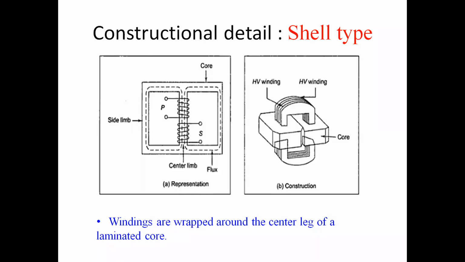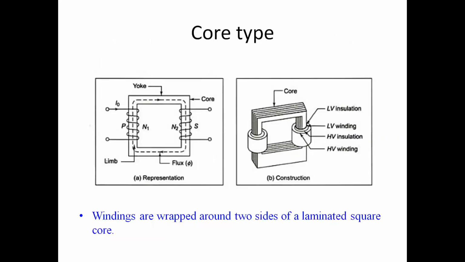Now the constructional details. There are two types, shell type and core type. This is the core type. Here you know this is the laminated core. Over this laminated core there is the LV-HV winding. To understand the working principle, we show the winding with primary, meaning HV, on one limb and LV on the other limb.